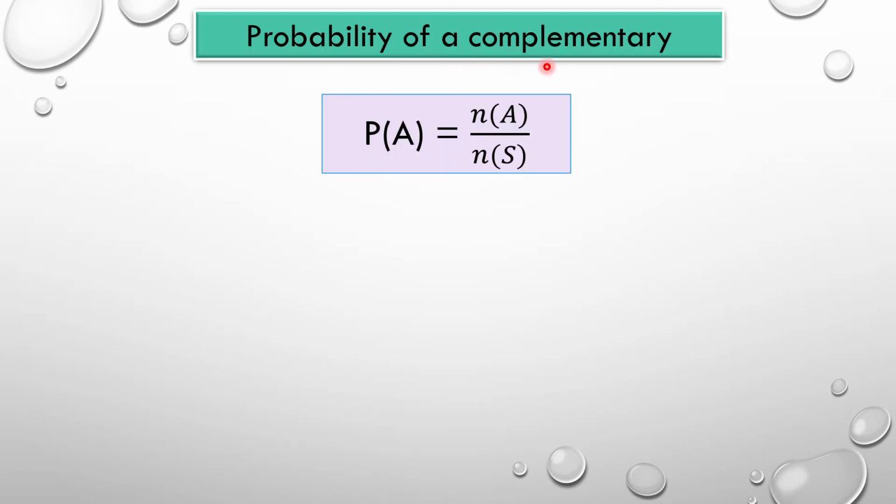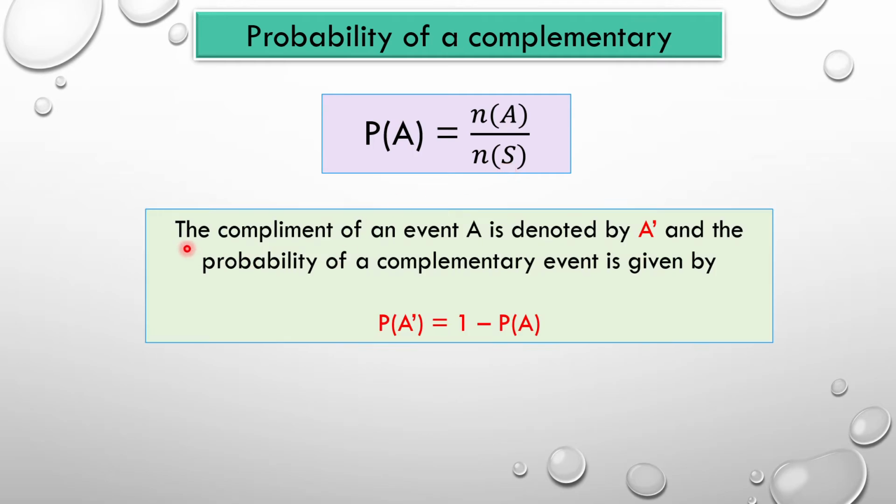Probability of a complementary. In previous slide, we have seen how to find probability of an event A. That is number of event A over number of sample space. Now let's see how to find the probability of a complementary. That means other than A. The complementary of an event A is denoted by A prime.